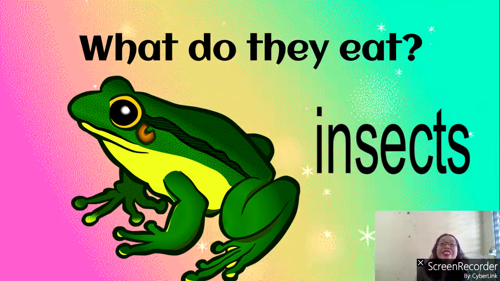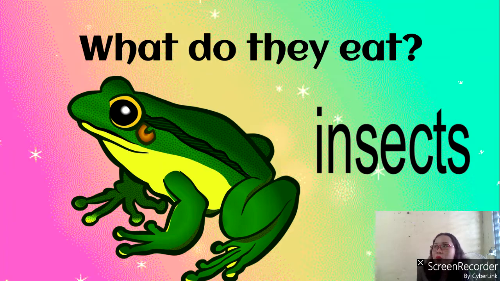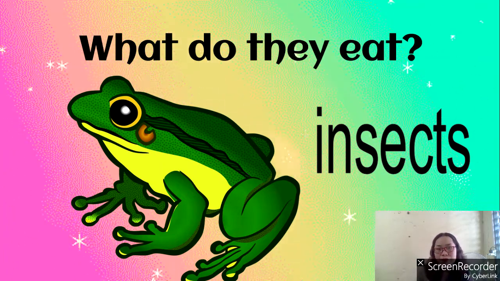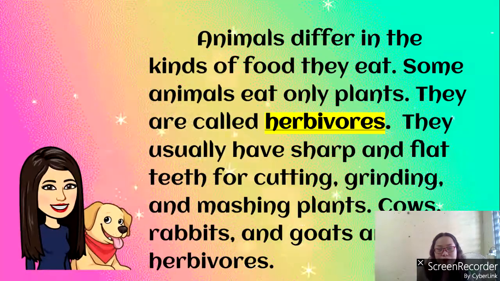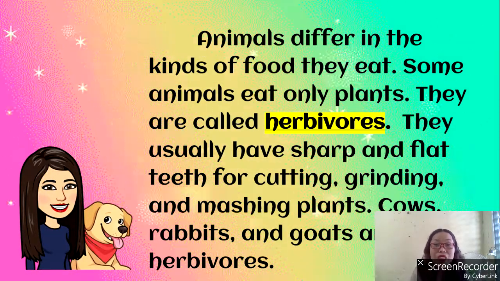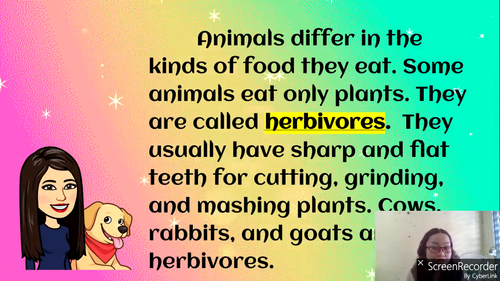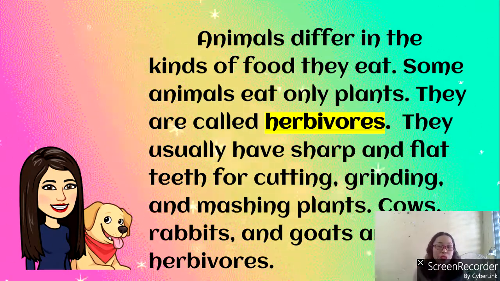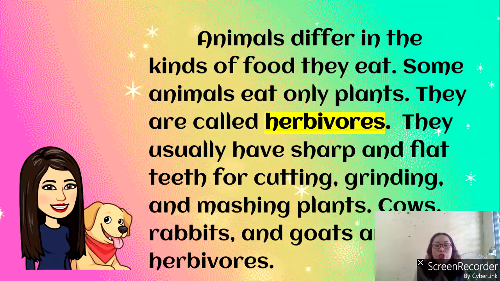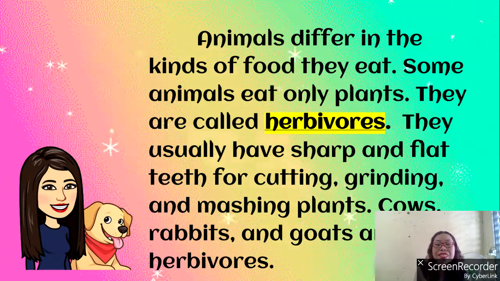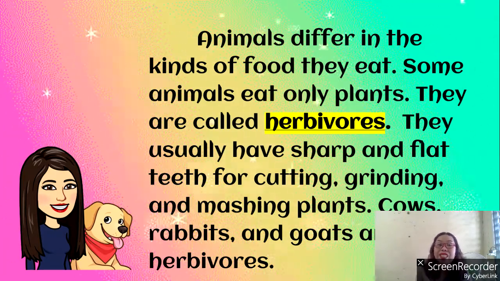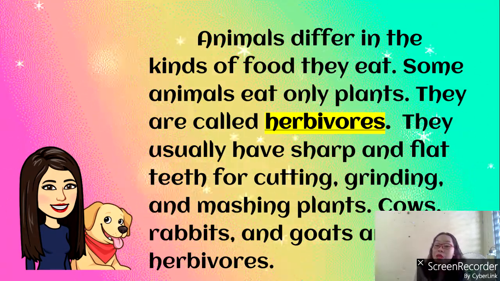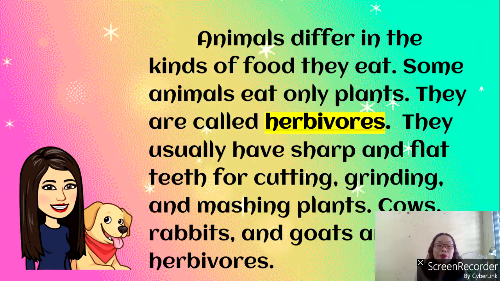It's eating insects, any types of insects that the frog likes. Animals differ in the kinds of food they eat. Some animals eat only plants. They are called herbivores. They usually have sharp and flat teeth for cutting, grinding, and mashing plants. Your cows, rabbits, and goats are herbivores.